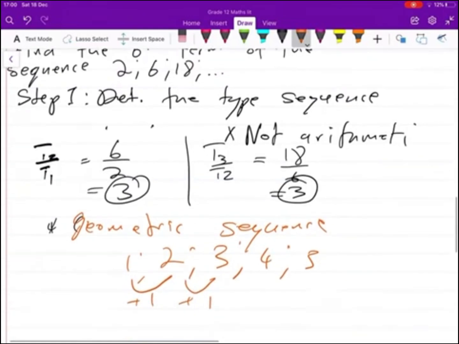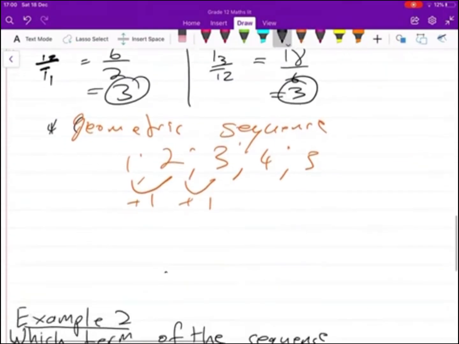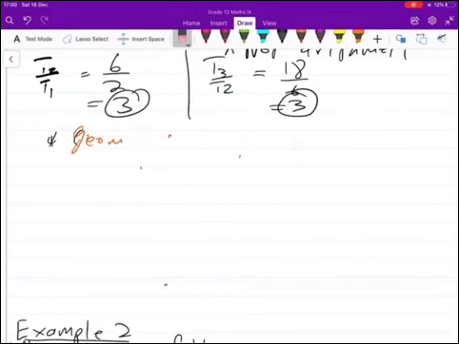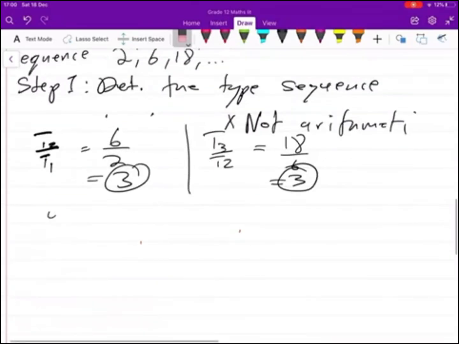But in the geometric sequence 2, 6, 18, for us to go from here to here, we are multiplying by 3. So with a geometric sequence, we are multiplying, and with an arithmetic and a quadratic, we are adding. That is an interesting point to note.